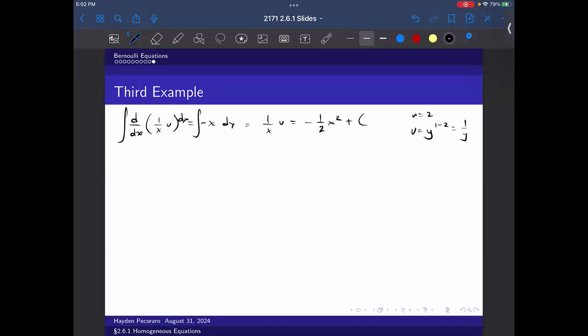So we have 1 over x times y equals minus 1/2 x squared plus c. And we can just swap all of this with y. So we have 1 over x times minus 1/2 x squared plus c equals y.